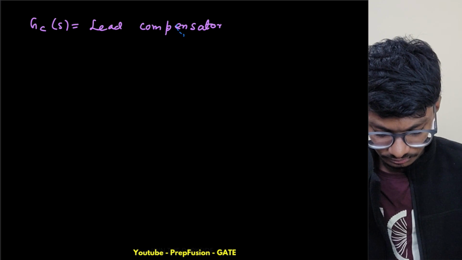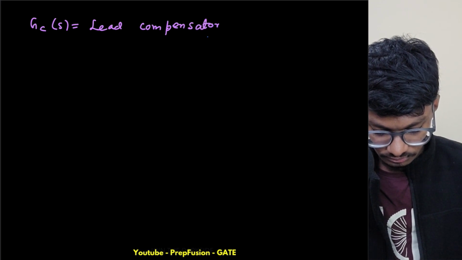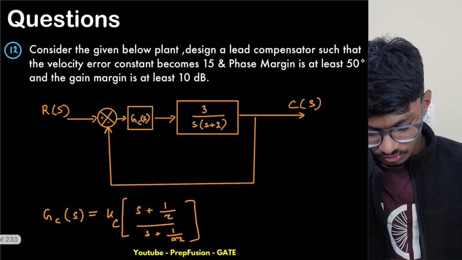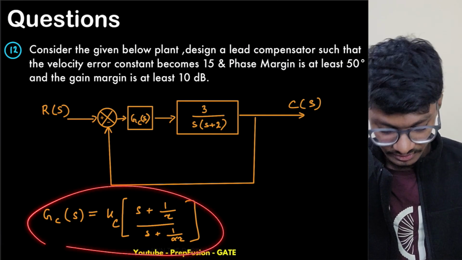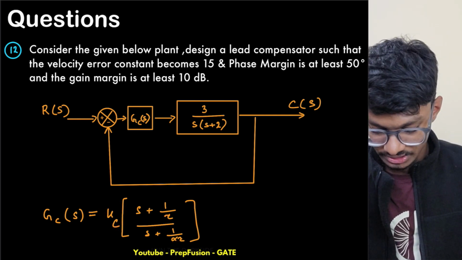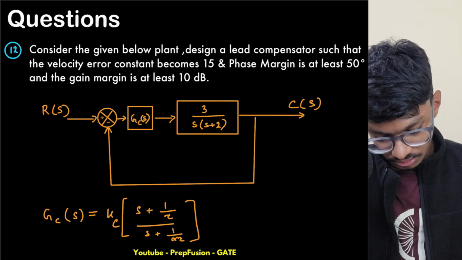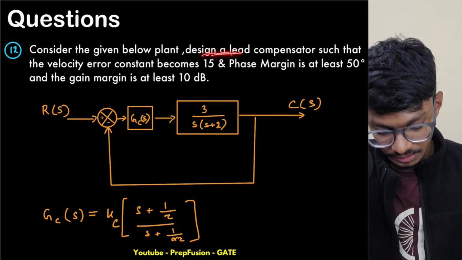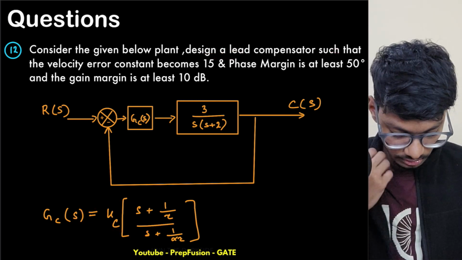If it's a zero dominating system, they have already given the form of GC and you have to find the value of KC, alpha and tau. So basically by saying design a lead compensator, you have to find the value of KC, alpha and tau.